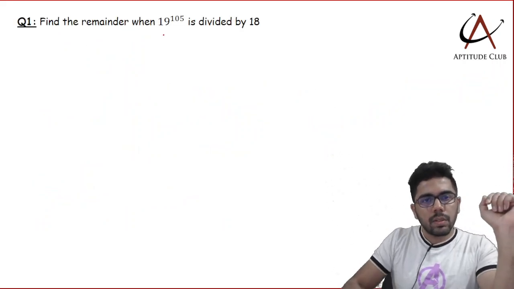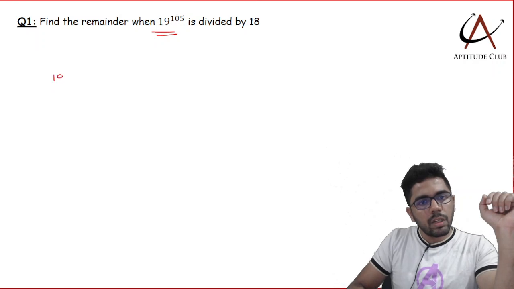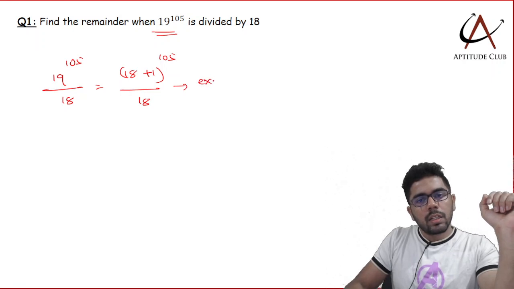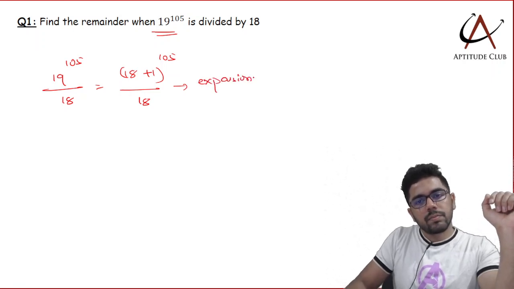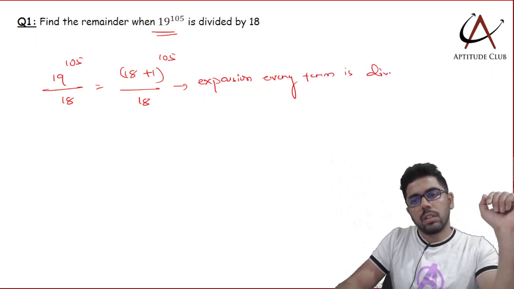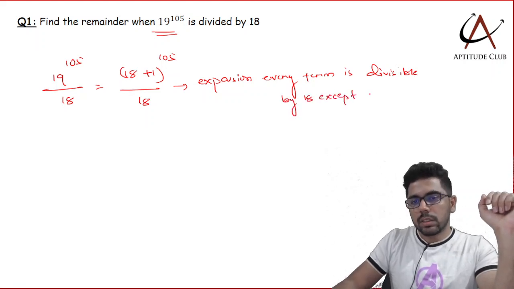Let us see this. For example this one, 19 to the power 105 divided by 18. So I'll write it as 18 plus 1 to the power 105 divided by 18. Now in the expansion, every term is divisible by 18 except the last term.